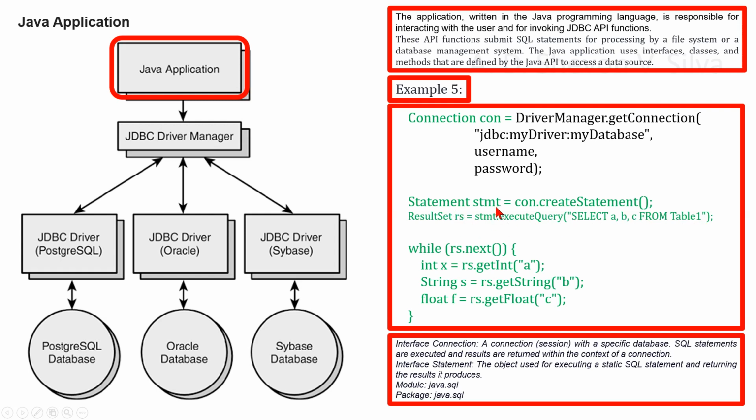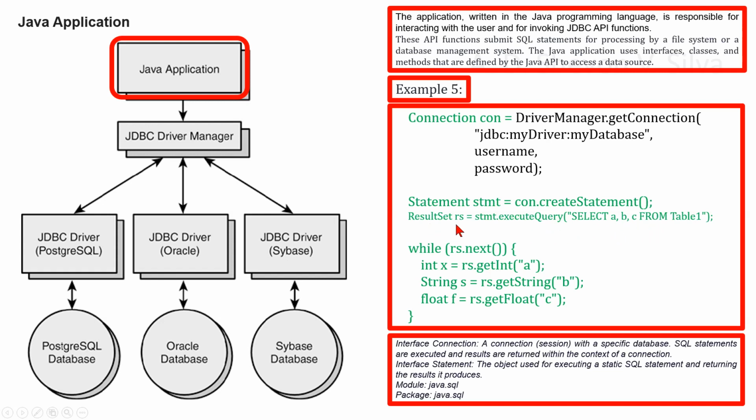Here, create statement creates a statement object for sending SQL statements to the database. Here the execute query method executes the given SQL statement, which returns a single result set object.